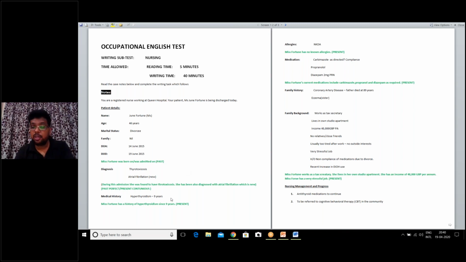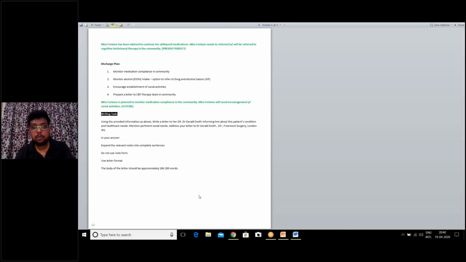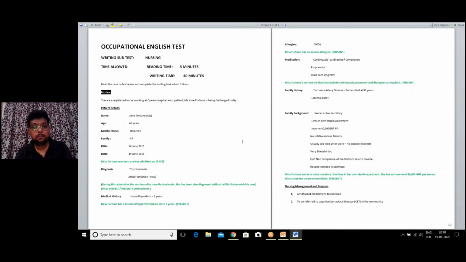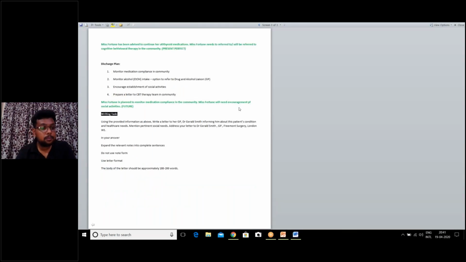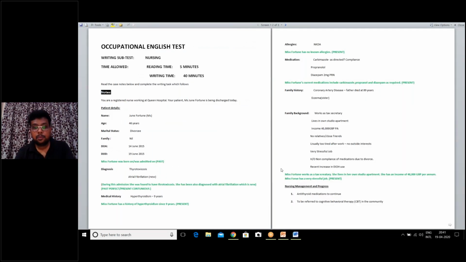The medical history shows that she has had hyperthyroidism for the last 9 years. She has no known allergies. She does not have any sort of allergies.